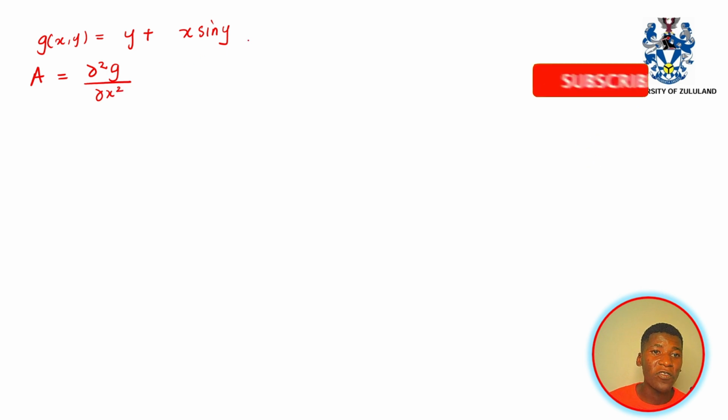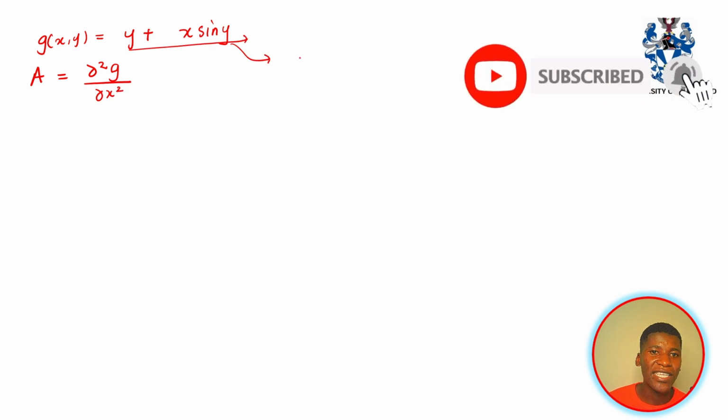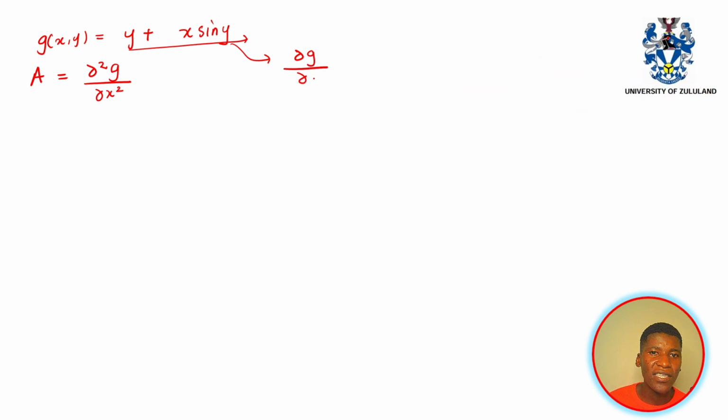So you have to take the partial derivative with respect to x, which we already found to be sine y, and differentiate it again with respect to x. So the value of a is the second derivative of the function with respect to x.